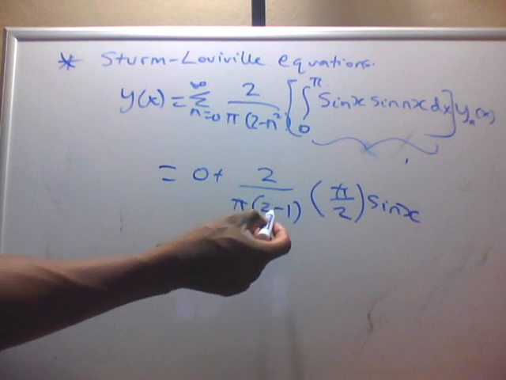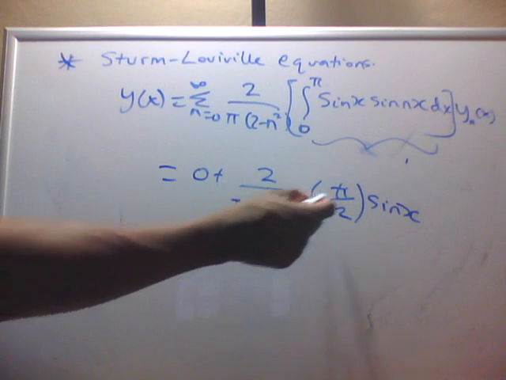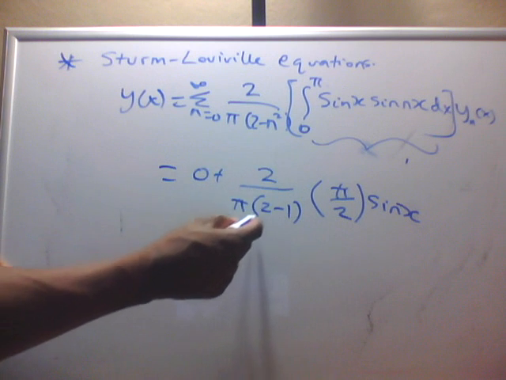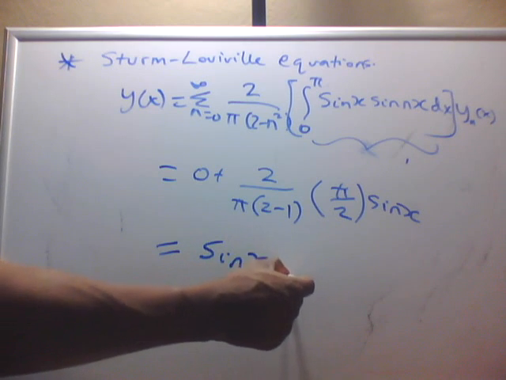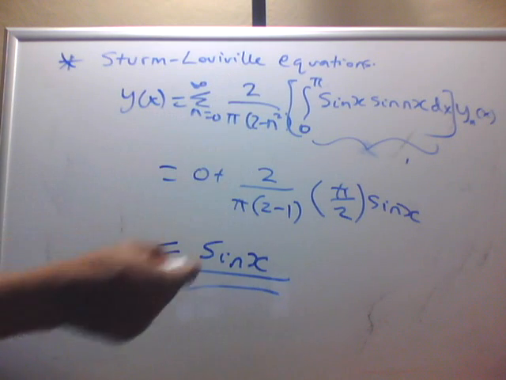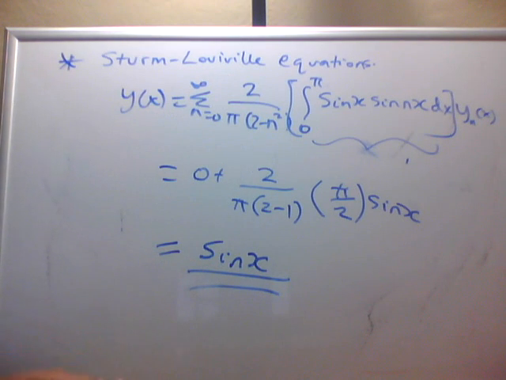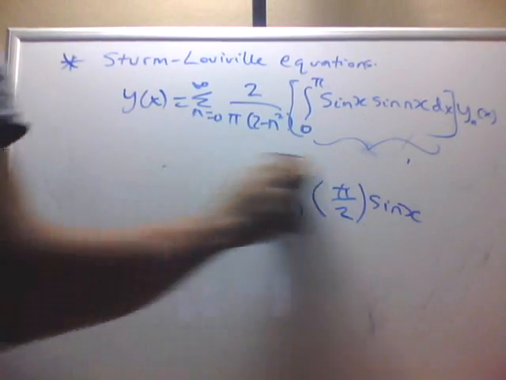Isn't this amazing? π over 2 cancels π over 2, so I'm left with, and this is 1, simply sine x. So that complex mess gives us sine x. Is this what we got with our previous method? Let's check it out.